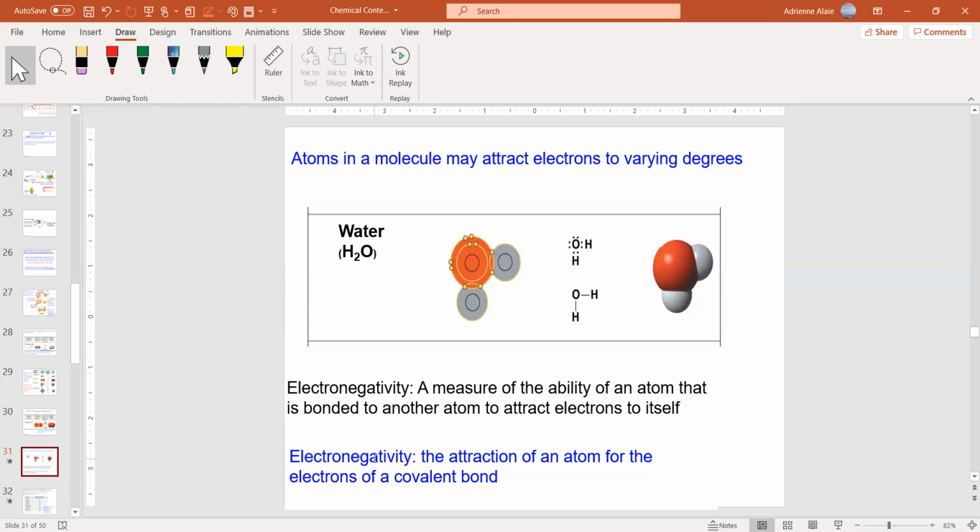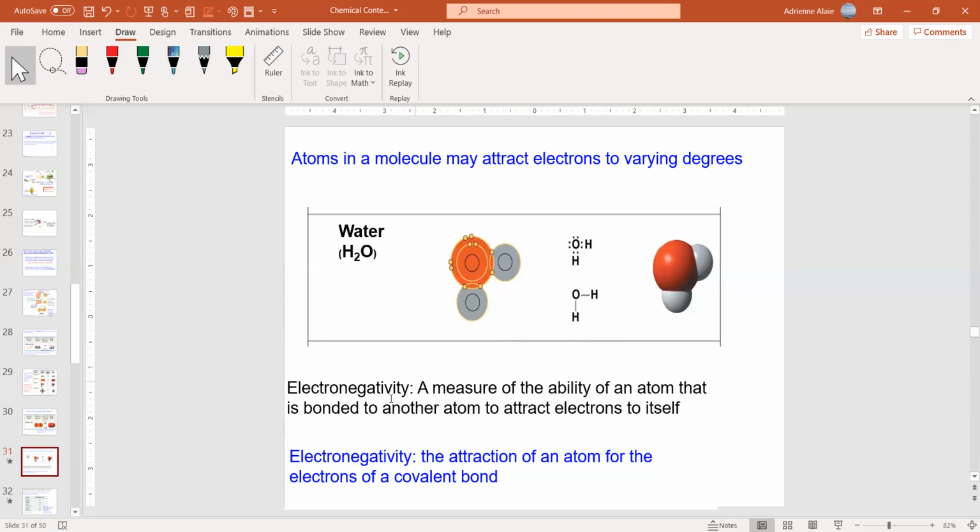So here, this is how I'll describe it. So we're starting with the idea that atoms in a molecule may attract electrons to varying degrees. So they're sharing, as I said, we know this. Look at this covalent bond here and this covalent bond, but do they have the same pull? So here's the first definition of electronegativity. 1, a measure of the ability of an atom that is bonded to another atom, so this is perfectly fine, like this O and this H, to attract electrons to itself, right?